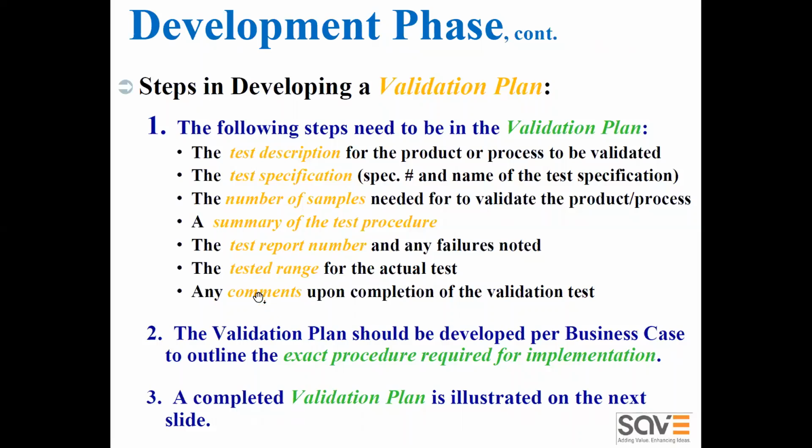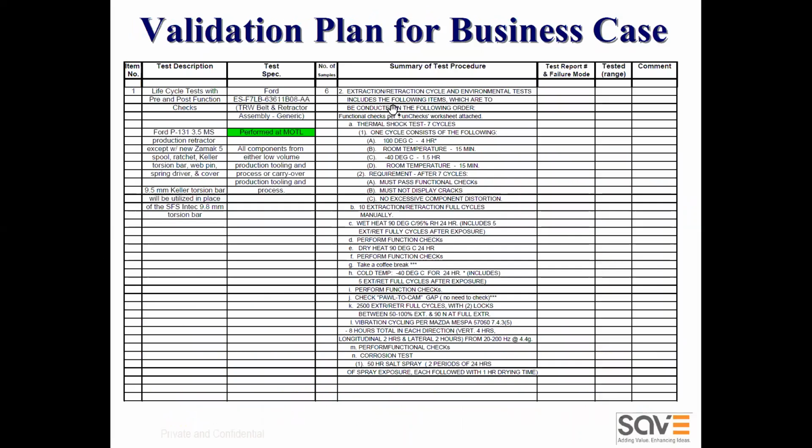You need to say what type of tests you need to carry out, what range, and what duration. So you need to cover all those things using a summary sheet like this: test description, test specification, how many samples are required, what is the summary of the test procedure, is there any failure, is there any test range, and what is the comment. You need to give all the details.